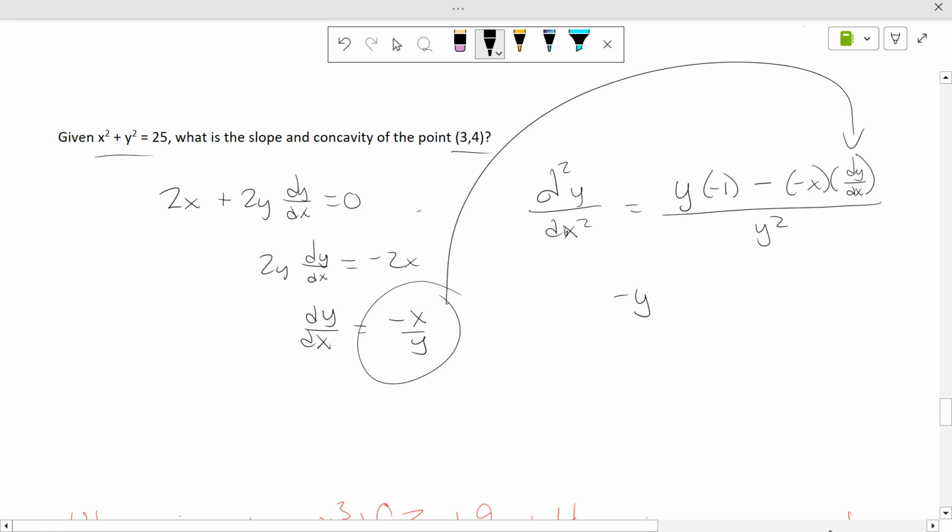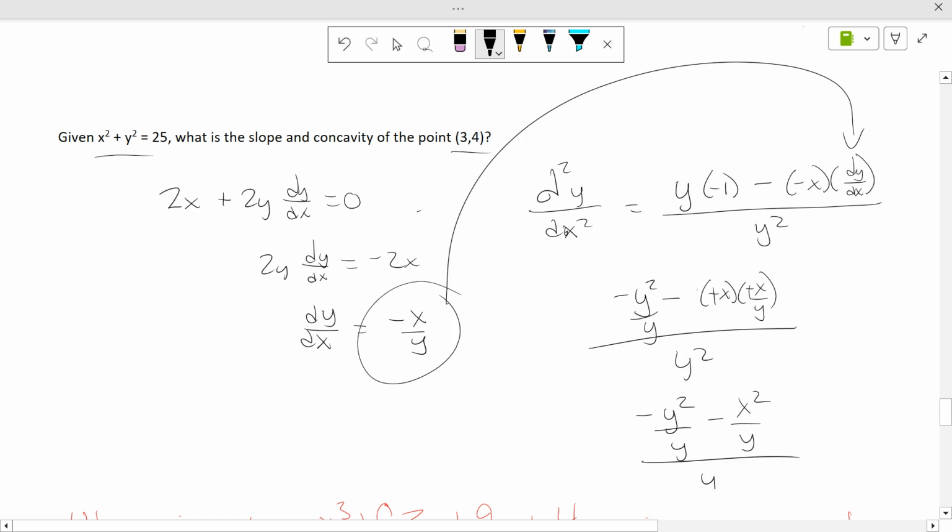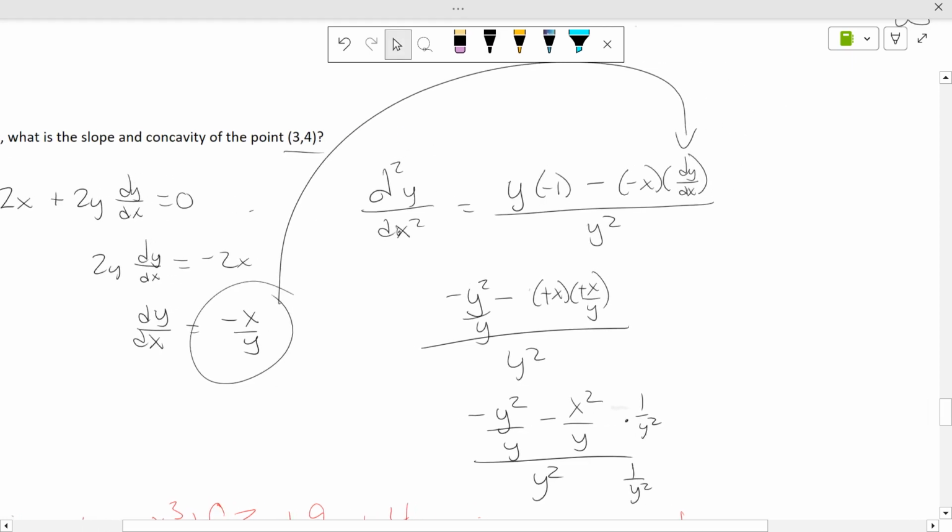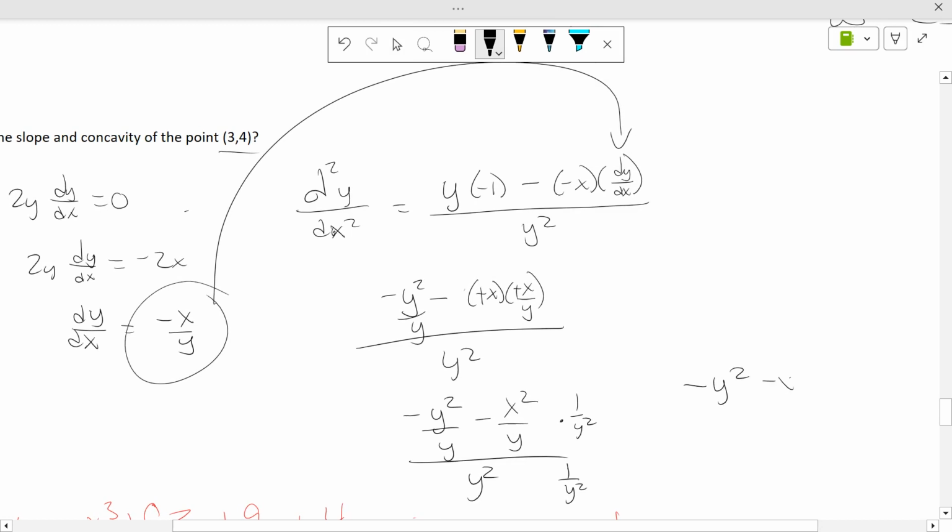So it's negative y minus negative x times negative x over y, over y squared. Minus a negative goes plus a positive. So negative y, and then I'll get a common denominator up here: negative y squared over y minus x squared over y, over y squared. Since I have a complex fraction, I'll multiply by 1 over y squared. So I'll get negative y squared minus x squared over y cubed.